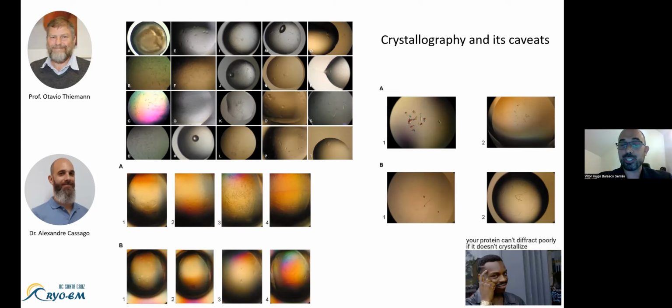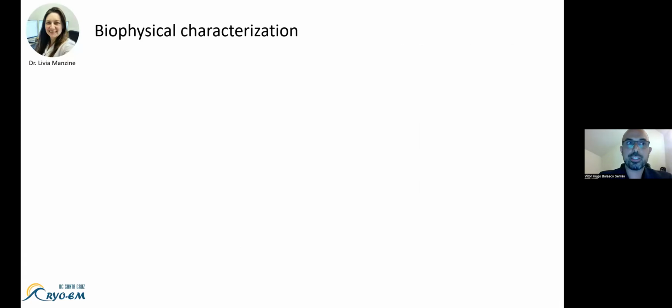This becomes a problem, right, to solve the structure. So at the end, we do have a sample that actually crystallizes very nicely, but never diffracts well. And I'm gonna try to show you and hopefully convince you of the reasons why we never saw any spot from those crystals.